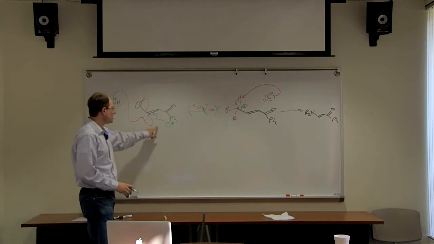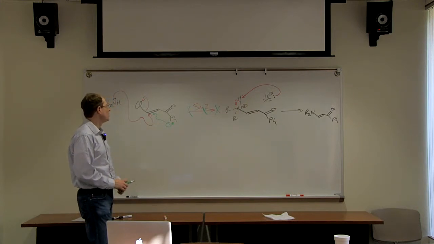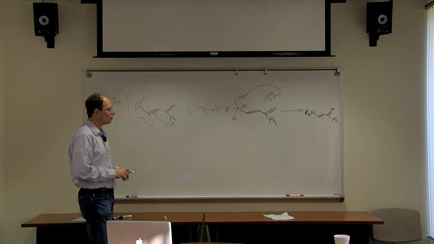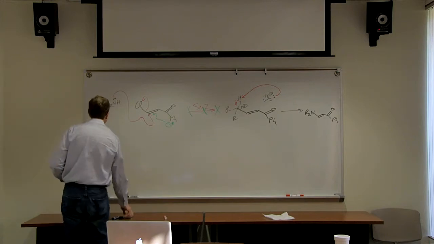So sigma star is not the lowest energy unoccupied molecular orbital. Far from it. There's plenty of pi star molecular orbitals that are going to be lower in energy. Why don't we explore those as a possible reaction mechanism?